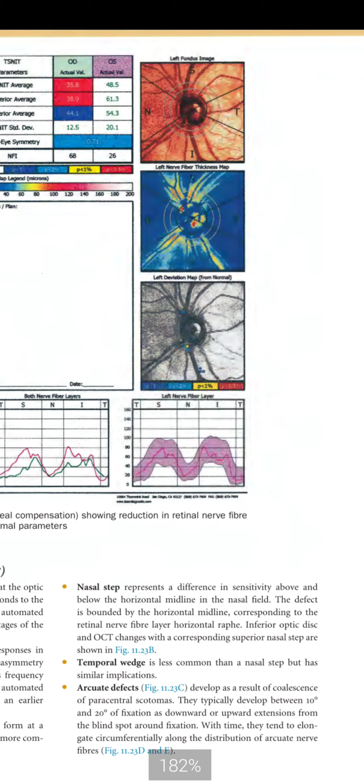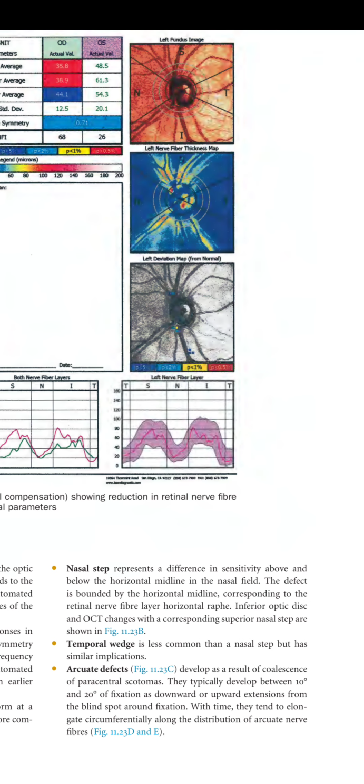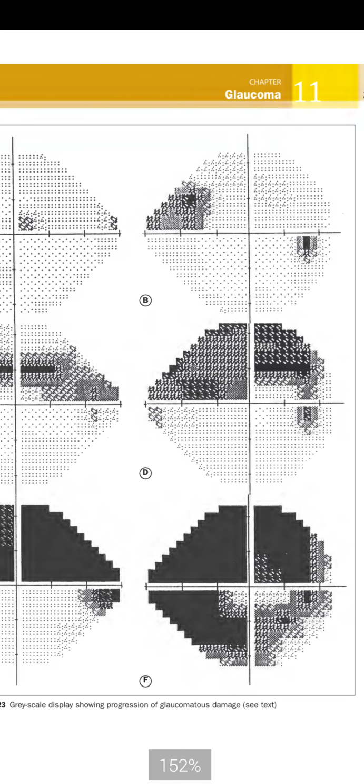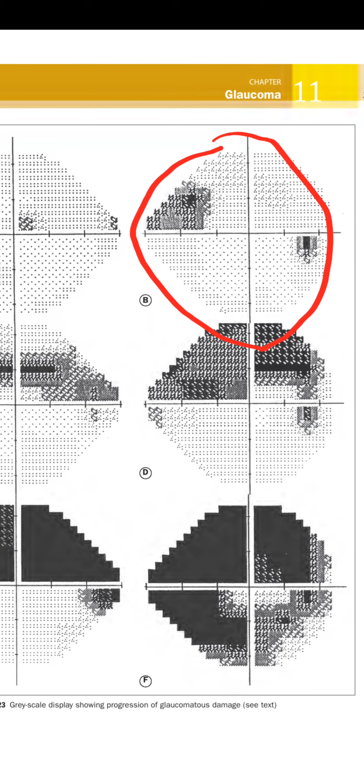Next is a nasal step. Nasal step represents a difference in sensitivity above and below the horizontal midline in the nasal field. The defect is bounded by the horizontal midline, corresponding to the retinal nerve fiber layer horizontal raphe. Inferior optic disc and OCT changes with the corresponding superior nasal step are shown in figure 11.23. That is why there is more field loss on the nasal side than on the temporal side, because nasal steps are more common in glaucoma.